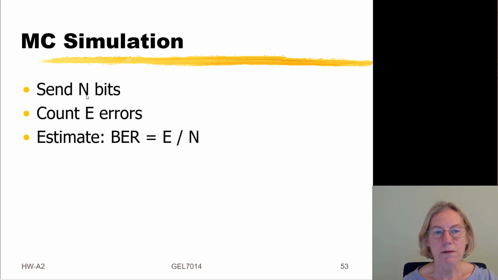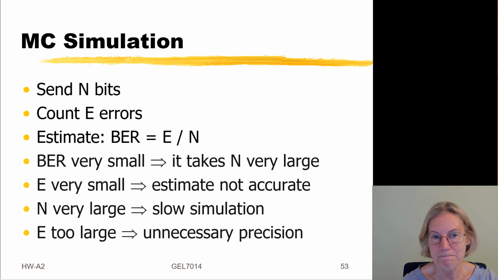So I send n bits, I count E errors, and then I make an estimate that the bit error rate, it's a frequency estimate, is E errors divided by n bits. And so what we're going to play with is how big these numbers n and E are, to see what makes a good estimate of the bit error rate.